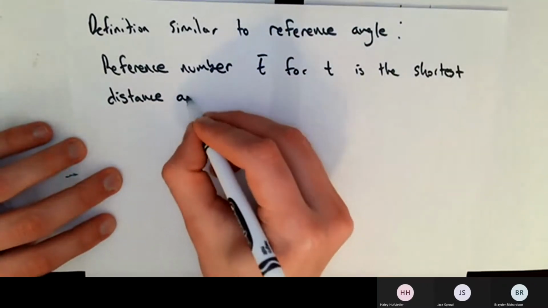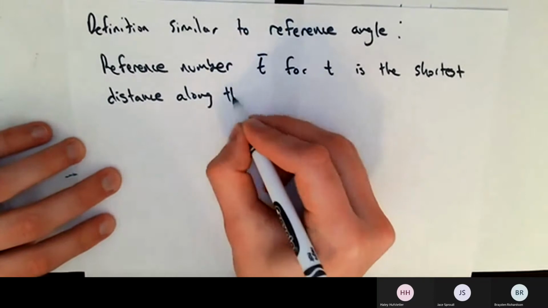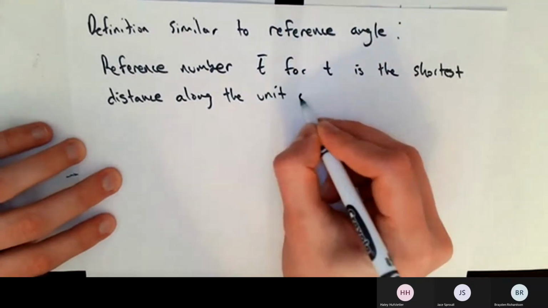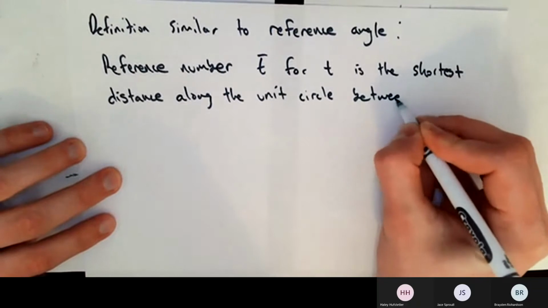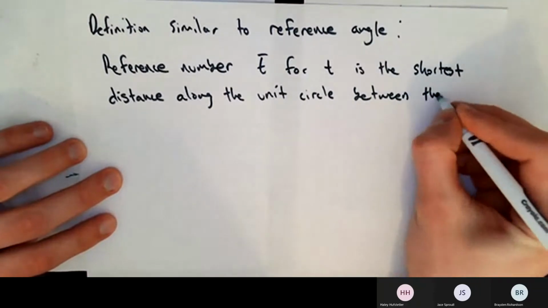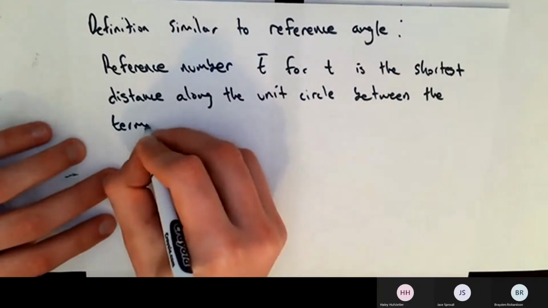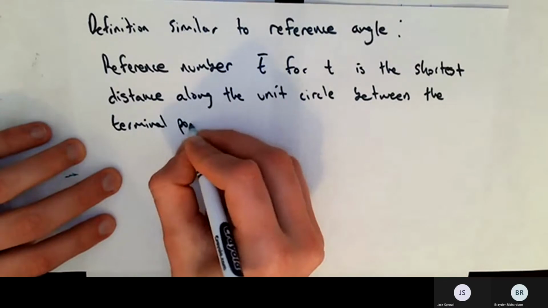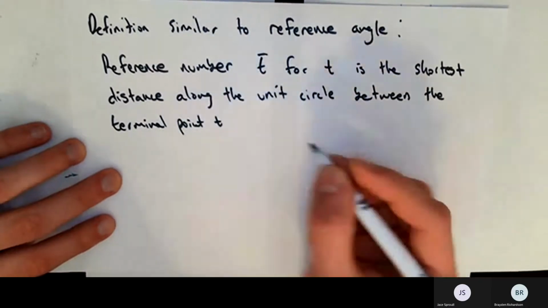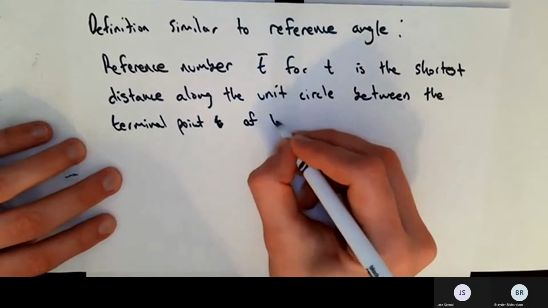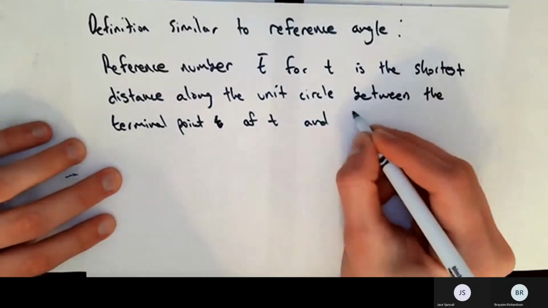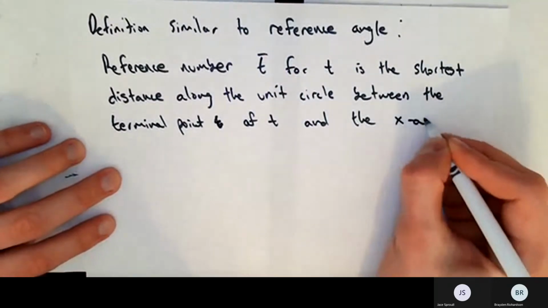It is the shortest distance along the unit circle between the terminal point of t and the x-axis. All right, so what does that mean?